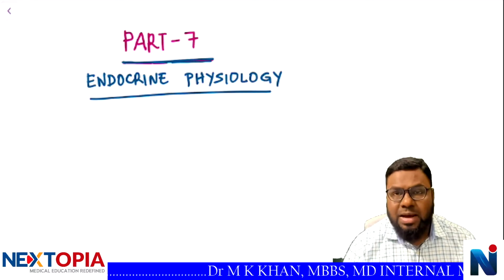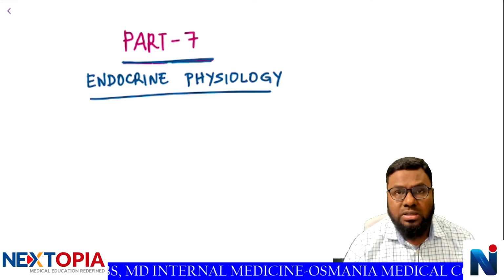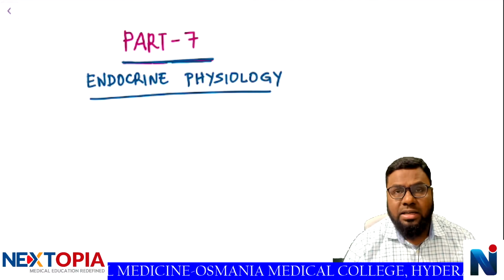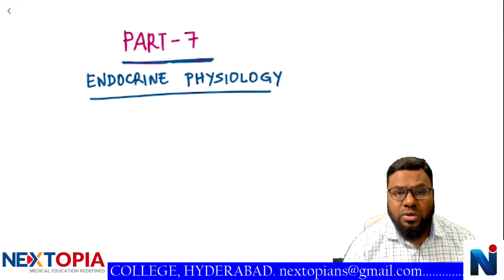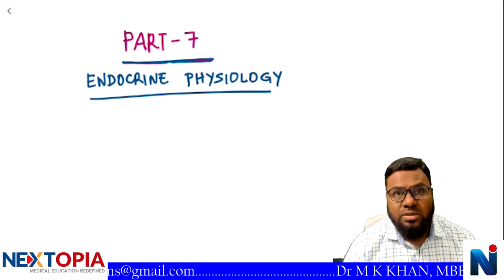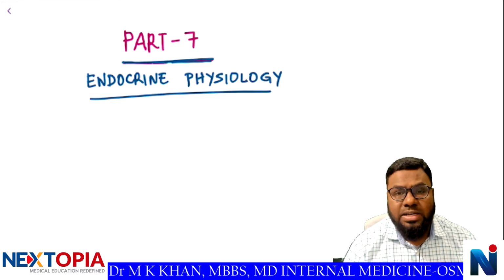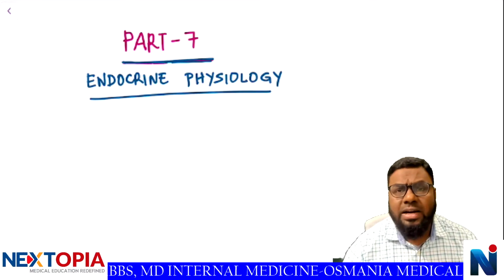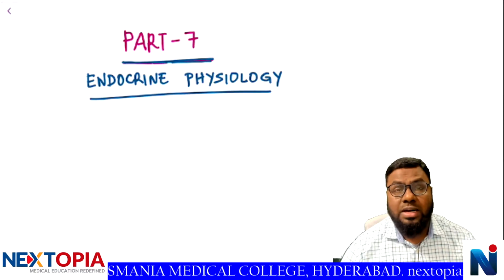In this chapter of part 7, our discussion is actually based on calcium metabolism, understanding vitamin D, parathormone, and calcitonin. But to continue, there are a few small topics, clinical aspects of my last class on insulin, glucagon, and pancreas related hormones, that we need to understand so that our understanding becomes more consolidated.